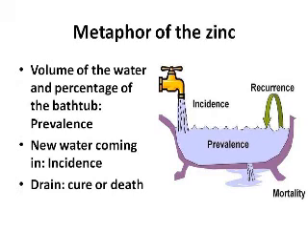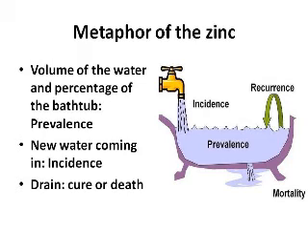So how much of the sink is occupied by water, that would be the prevalence. Let's say that the whole space taken by the sink or the bathtub, that's the whole population. How much of that is covered by water, that would be the prevalence. And in epidemiological terms, that would be the number of people that have the disease compared to the whole population.